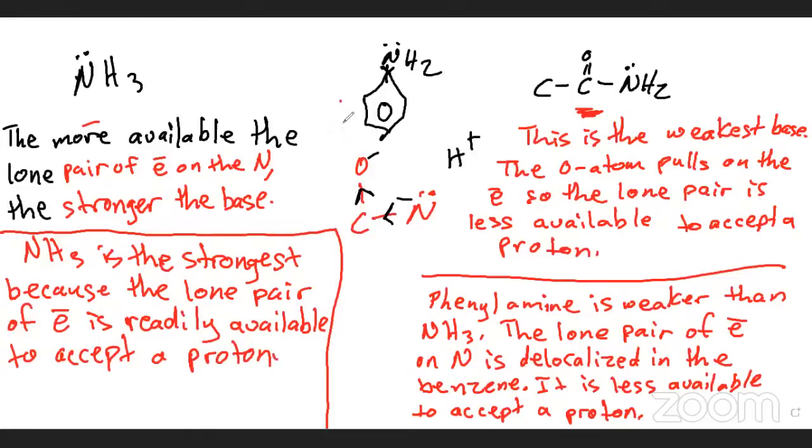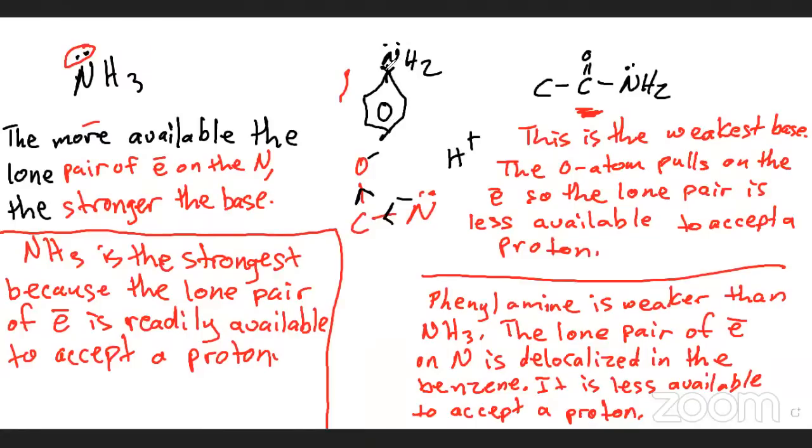All right, so let me just sum this up verbally. So base is our proton acceptor. This lone pair on nitrogen is what is accepting the proton. If nothing is pulling on it, it is going to easily take up the proton. So ammonia, of these three of them, ammonia is the strongest because the lone pair is available, right? When you get to phenylamine, the ring is basically pulling on the electrons, right?